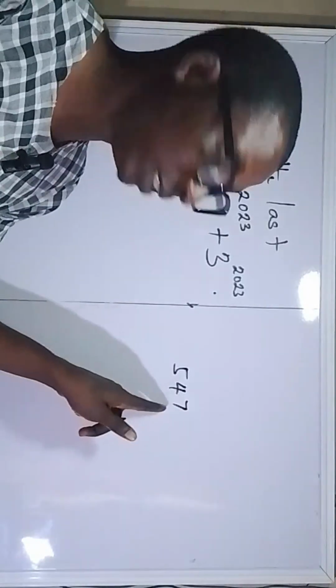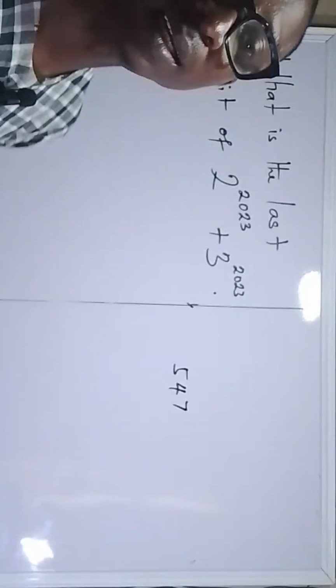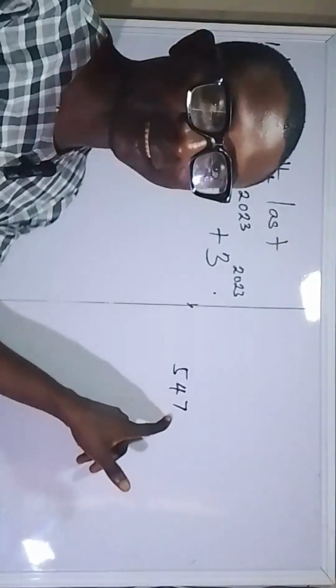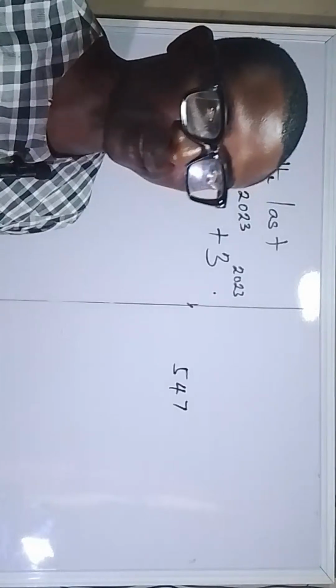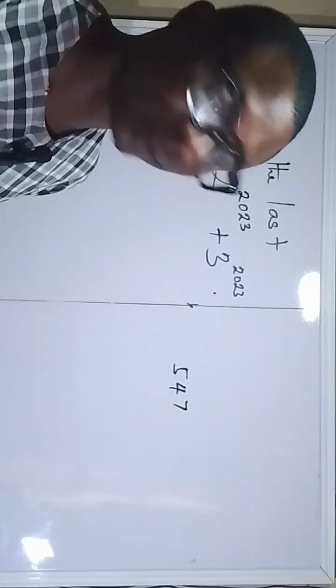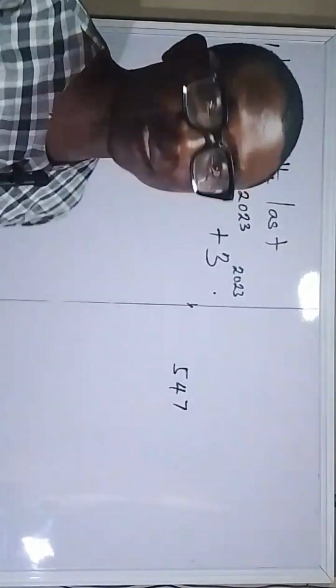The last digit here is 7. Another way of getting that is when you divide this number by 10, the remainder is always the last digit. So for any number greater than 10, when you divide it by 10, the remainder is always the last digit.